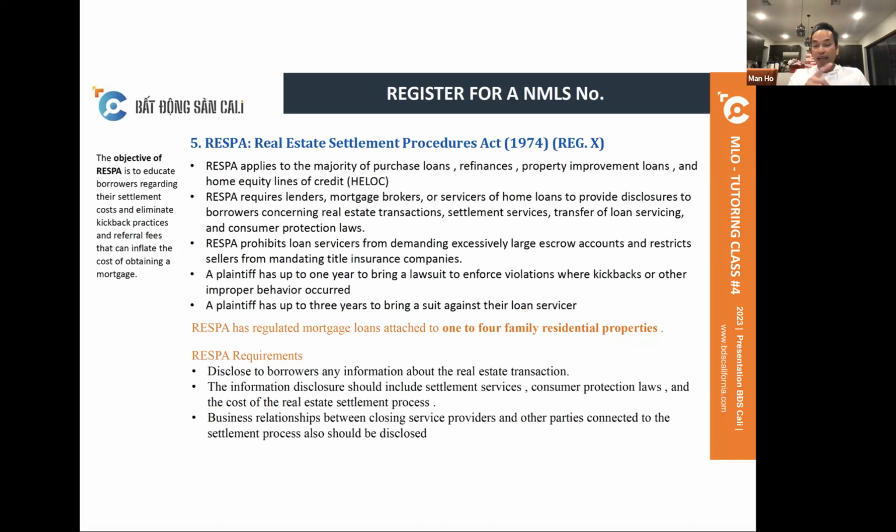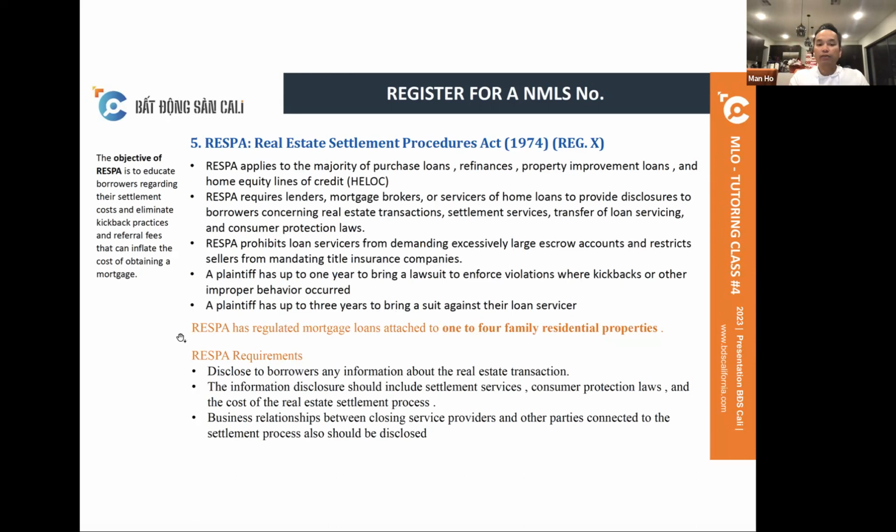Remember that anything I point out like that may be on the test. Okay, a plaintiff has up to 3 years to bring a suit against their loan servicer. Earlier I included the servicer in the previous one as well, right? You have up to 3 years to sue a loan servicer. But anything regarding kickbacks or improper behavior, you have up to 1 year.